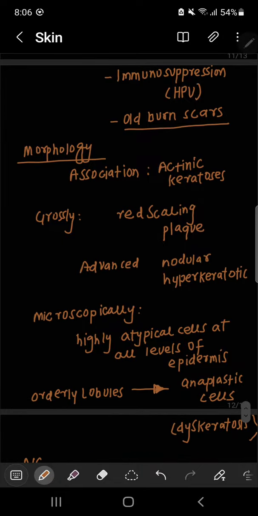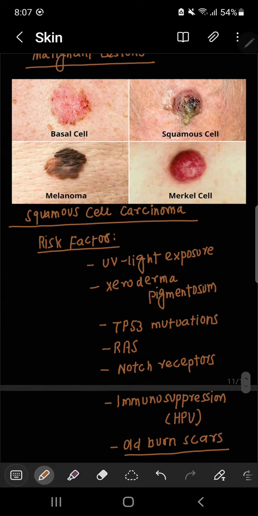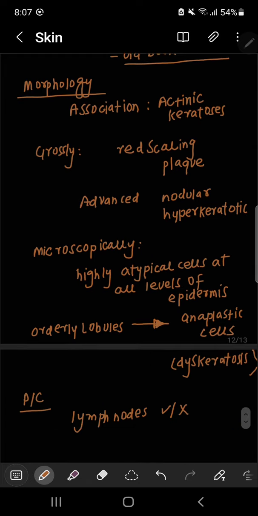Now, squamous cell carcinoma, when it is in situ, appears as a red scaling plaque, and it is likely to be in association with prior actinic keratosis. As it gets advanced, you can see in the picture that it gets very scaly, nodular, and hyperkeratotic.